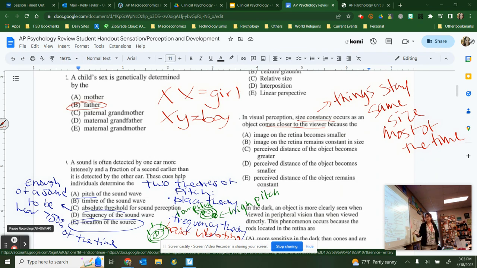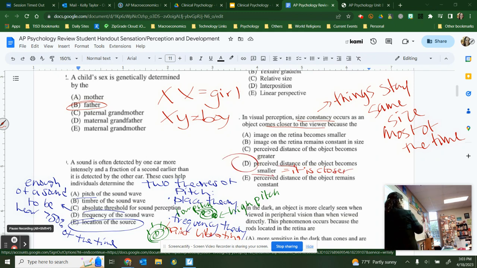Which of these answer choices is saying that? Perceived distance of the object becomes smaller. Yeah, perceived distance is smaller, which means you are closer. What this means is it is closer because the distance is smaller.